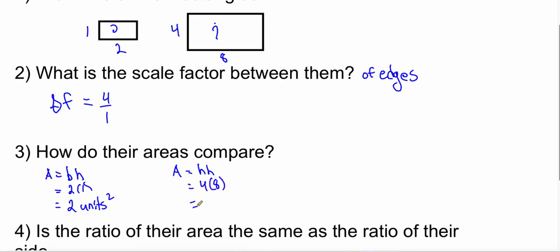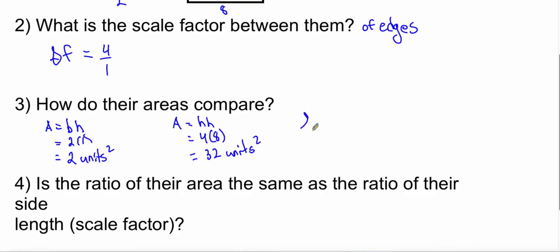This gives me a total of 32 units squared. So now let's look at my scale factor of my area. I'm going to put a little a there to represent area. That is the same as my image, 32, all over 2, which gives me 16.